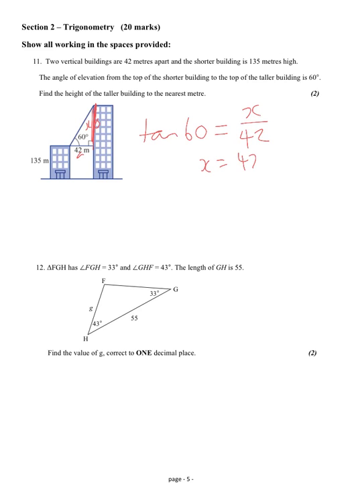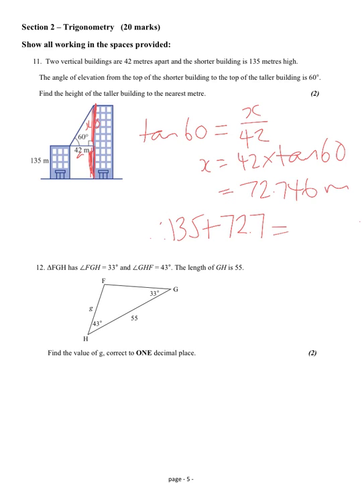So x will be 42 times by tan 60, and we get 72.746 meters. So therefore the height will be 135 plus the 72.7. We need it to the nearest meter, so that's actually 73, so we get 208 meters.